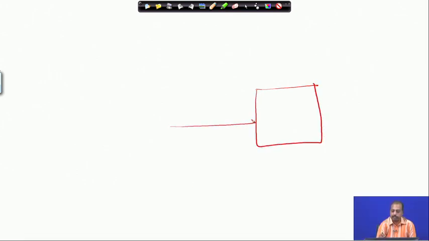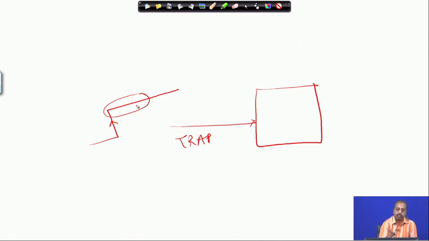If this is my microprocessor and this is the trap line, what is required is that there will be an edge followed by this level. There is some minimum duration for which the signal should remain high. So, this edge should be there plus this level should be there. It will be sensed only if both of them are there.